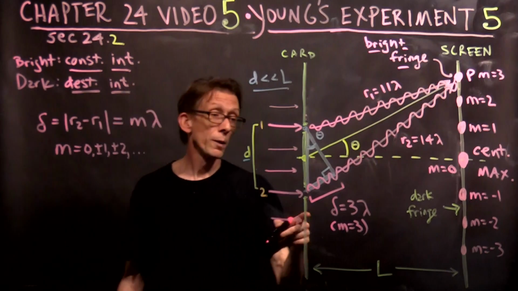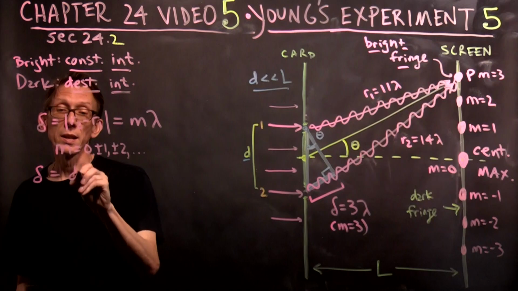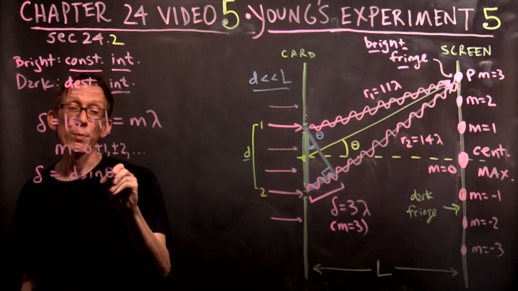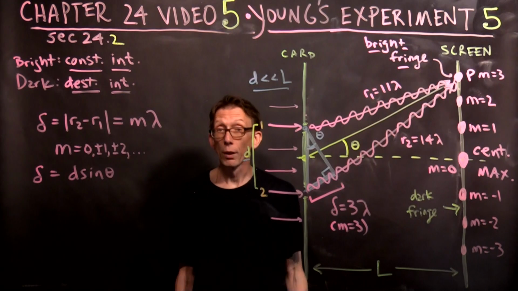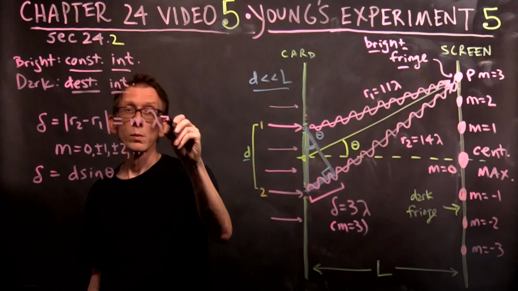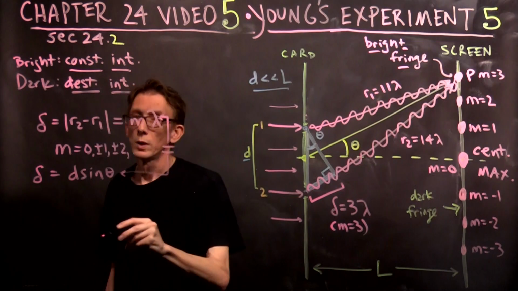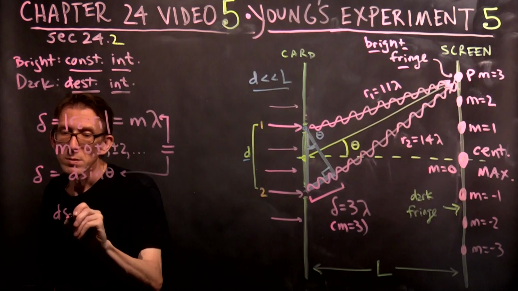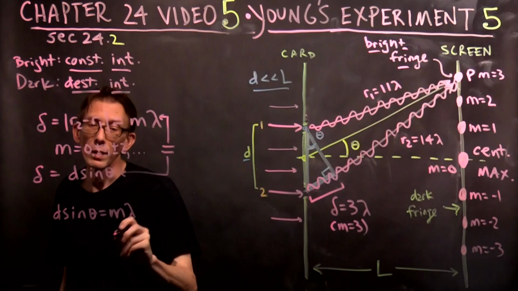We also know that delta is d sine theta from the previous video. So we can set these two equal. d sine theta is m lambda.